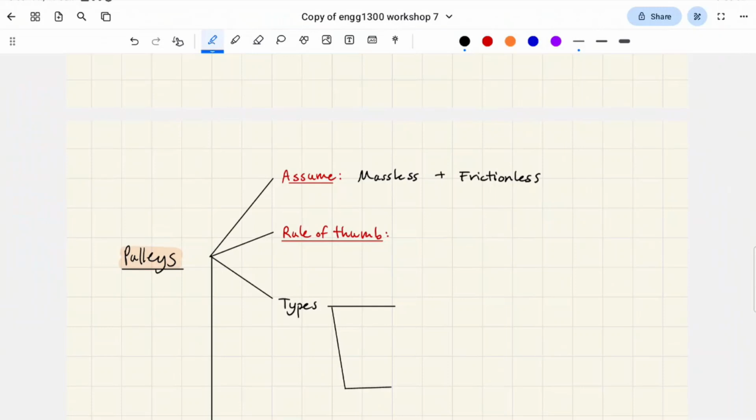So with pulleys, you might have seen in the lecture today, the main assumption that we have of them is that they're massless and frictionless. So this will help with our calculations.